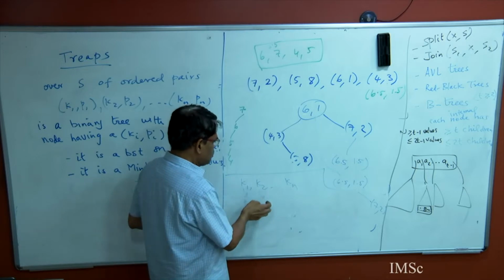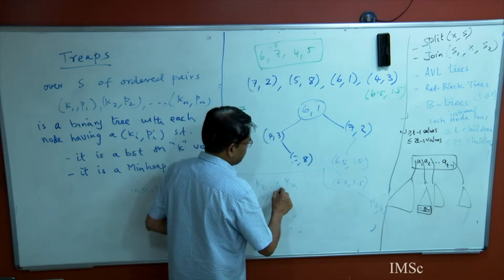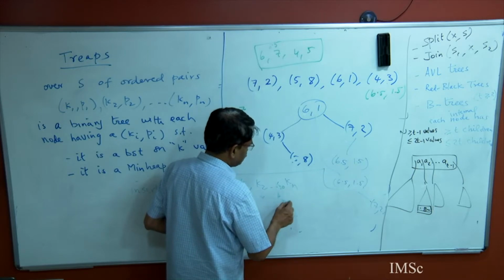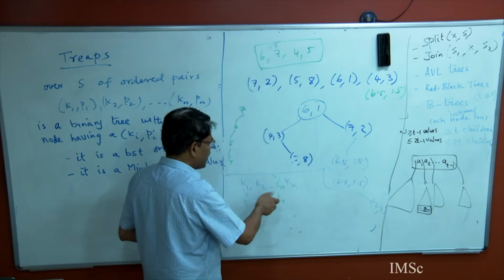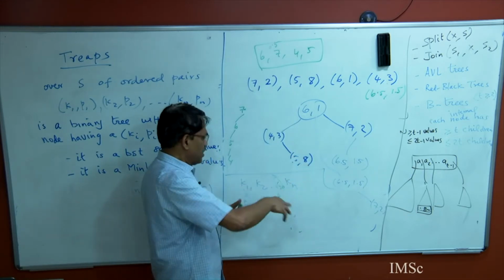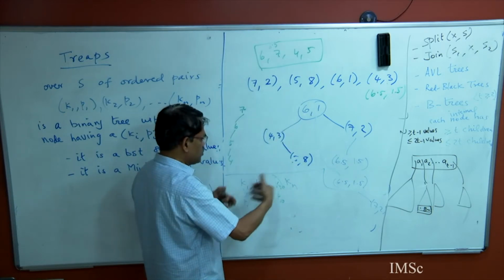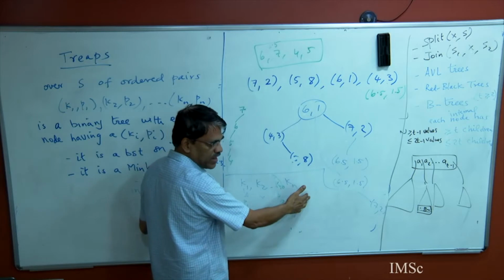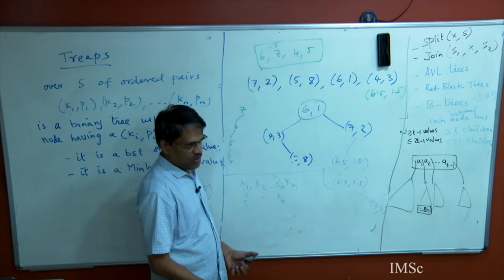Which means that when I insert k10 with p10, the rotations to ensure that the min heap property on the priorities is satisfied may let k10 settle somewhere else, not necessarily at a leaf. It may go down. So I build this final tree, and I'm claiming that the final tree has this nice behavior. Why?